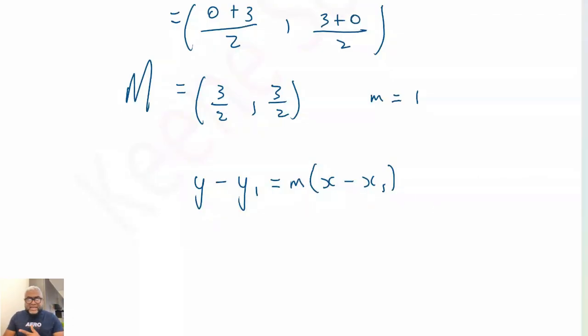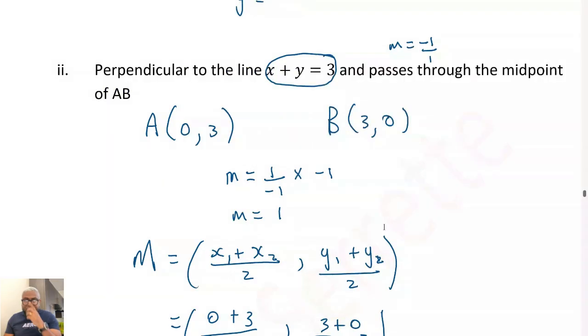What is y1? What is x1? Remember, x1, comma y1 are the coordinates of a point that the line passes through, right? We define A and B, but A and B are not on this line.